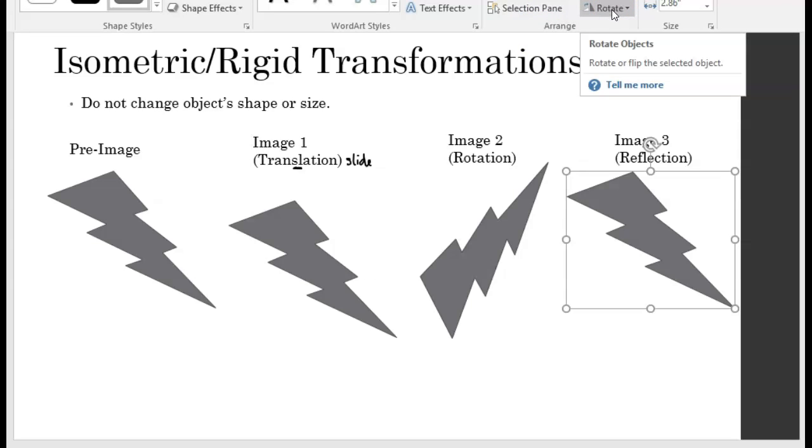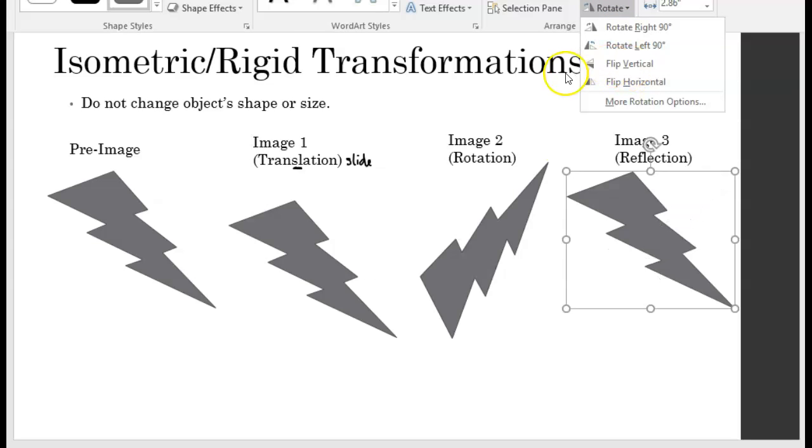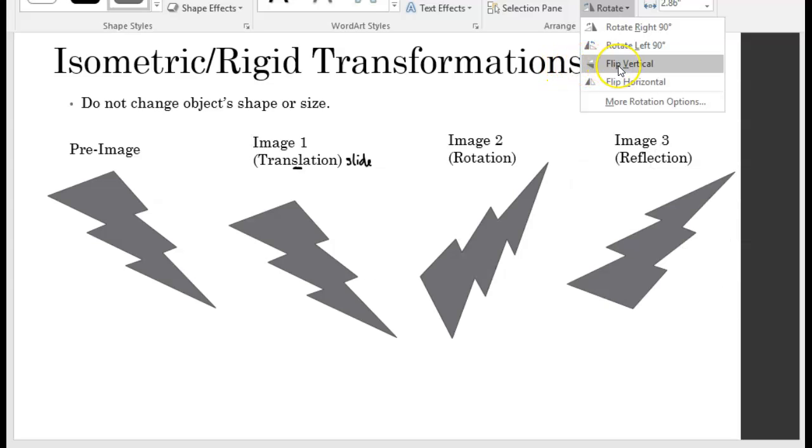So I'm going to use this rotate tool up here at the top. Whenever it says rotate, that's doing what we did for image 2. What I want to do is flip the thing. Here's the original. If I flip that vertically, that would be like flipping it over the x-axis. I don't have a coordinate grid here for you to look at, but that's what that would be like.